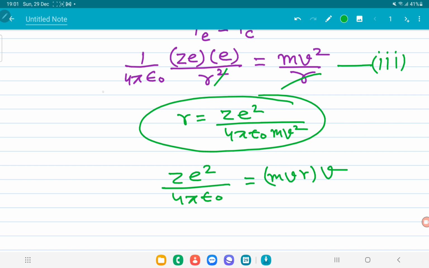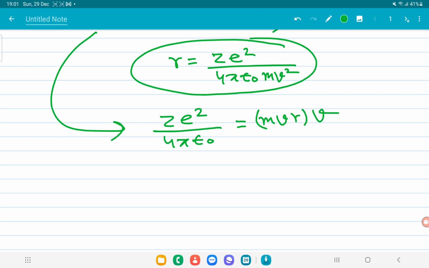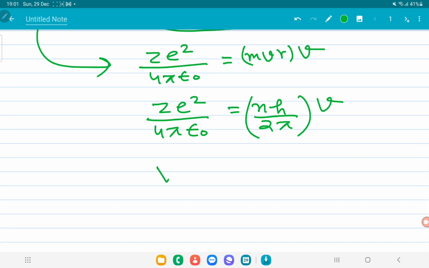Earlier I told you in equation number 1 that mvr equals nh over 2 pi. So Ze square upon 4 pi epsilon naught equals nh over 2 pi into v, and if I solve it, v equals Ze square upon 2 nh epsilon naught.